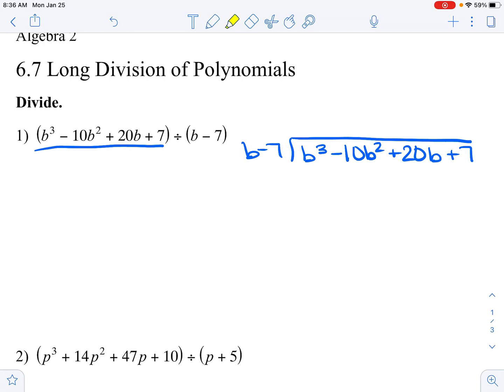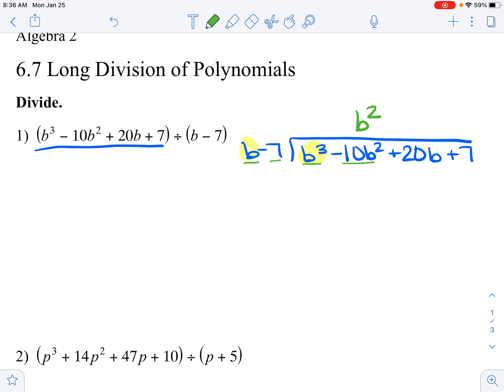I'm only looking at the first number b. So b times what will give me b to the 3rd? Well, that's going to be b squared. Now, why am I putting it here? Well, I have 2 terms. That means I'm dividing into 2 terms.